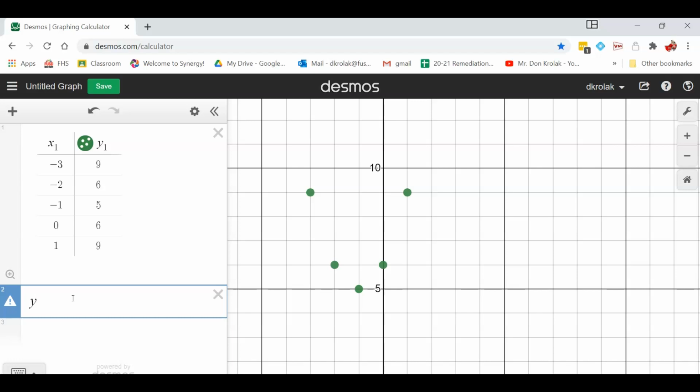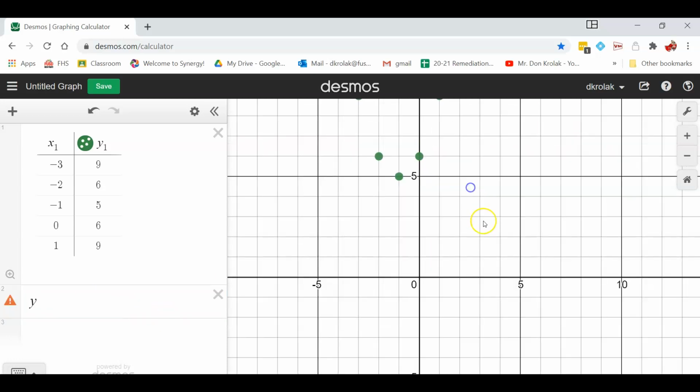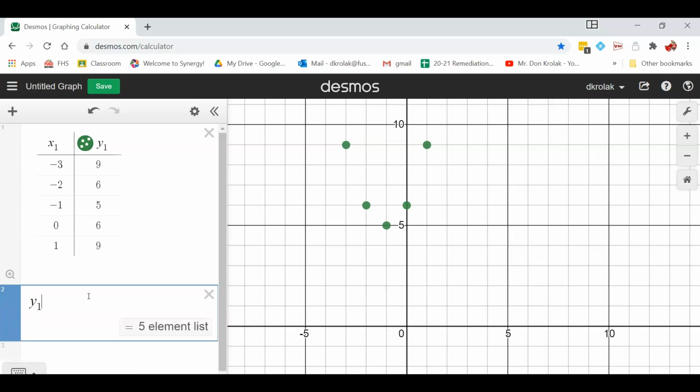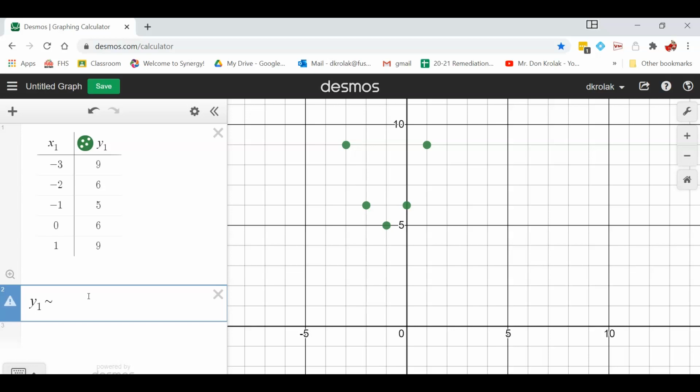There are no intercepts. So if you tried to do intercept form for this, you can't, because there are no x-intercepts. You'll get something that's nonsense when you try y1 squiggle x1 minus p, x1 minus q.